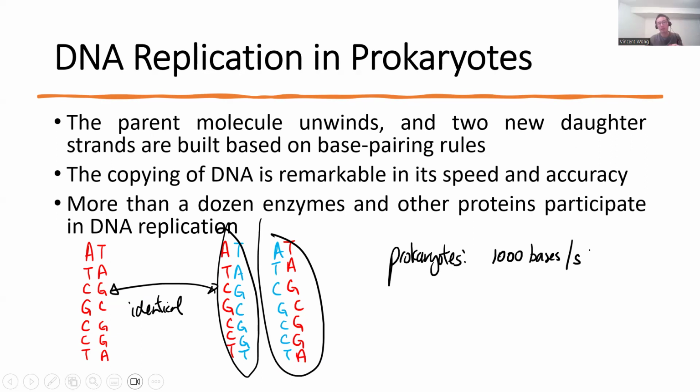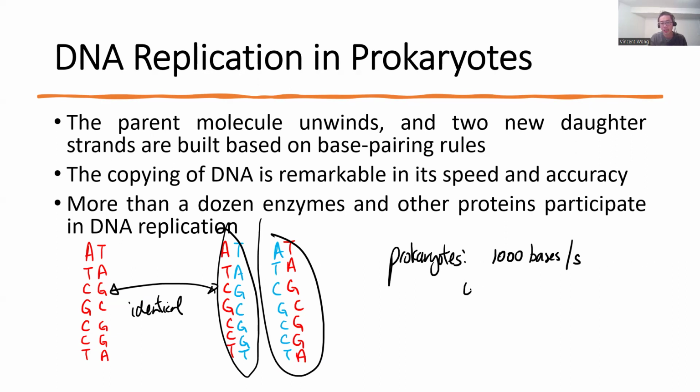Think about your typing speed. How many words can you type per second? I don't know, 3 or 4? That's already pretty fast. So the prokaryotes are able to copy 1,000 letters per second, essentially.